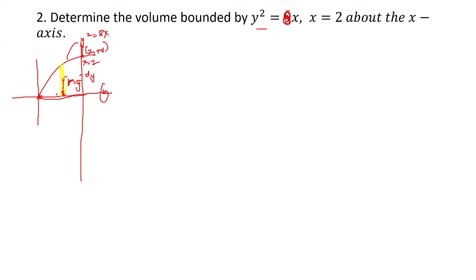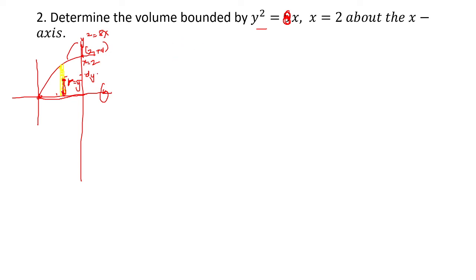So our radius is pretty much the same, from the centroid to the axis of rotation, which is the x-axis. So r is still equivalent to y bar.